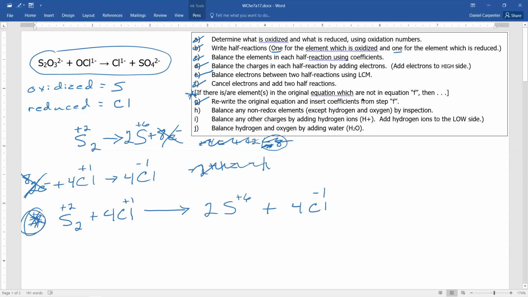Rewrite the original equation and insert the coefficients from F. So I rewrite the original equation.